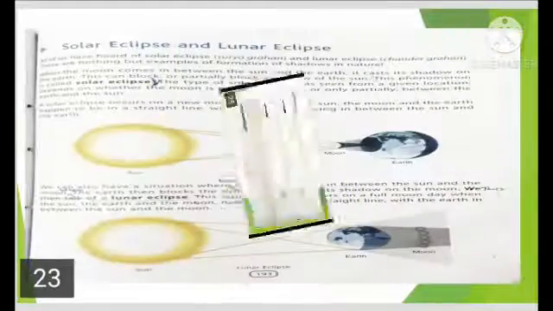Today we are going to discuss page number 192. We will discuss an activity to verify that the size of the shadow depends upon the distance between the source of light and opaque object.